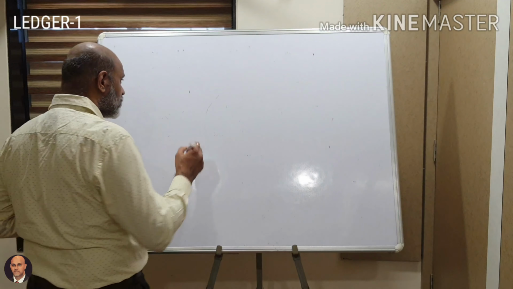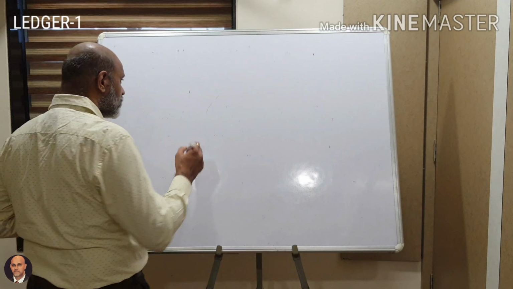First, let me give you the format of a ledger. This is going to be the format of a ledger. It's going to be divided into two equal parts. The left hand side is a debit side, the right hand side is a credit side. It has got these details. The first is a date column.